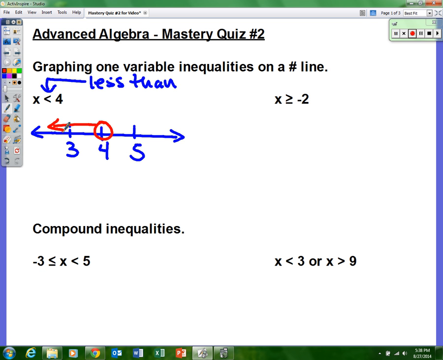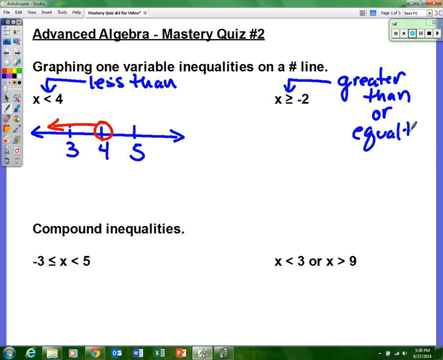Okay, looking at the inequality on the right, it says x is greater than or equal to. All right, that's what that extra line means.